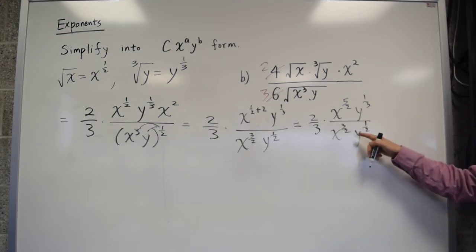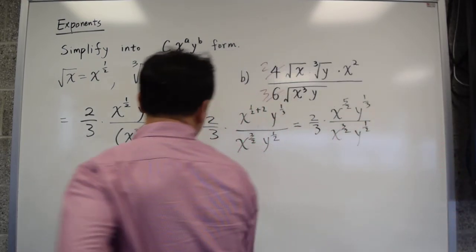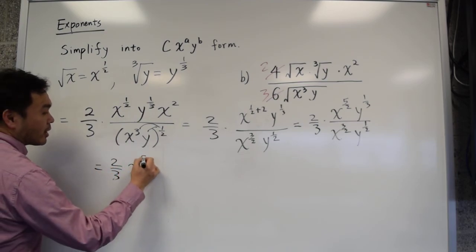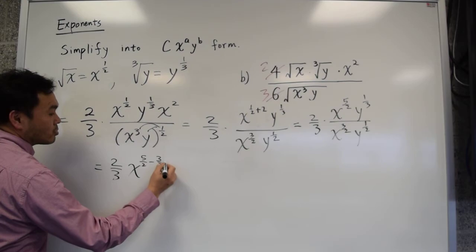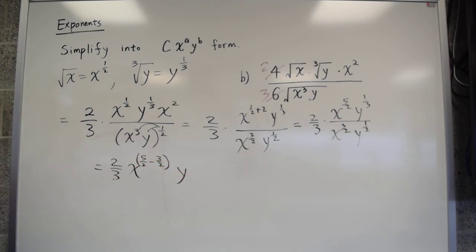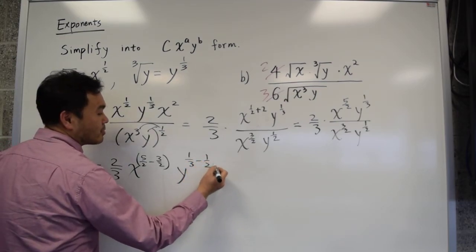And now let's see. Same base, right? So you subtract. So 2/3 x to the 5 over 2 minus 3 over 2. And that's 2 over 2, so it's 1. And then 1/3 minus 1/2. What's that?